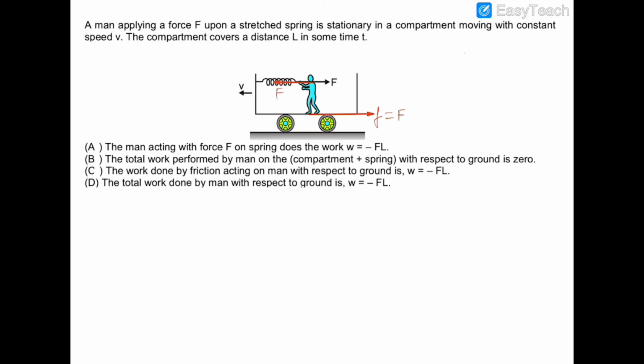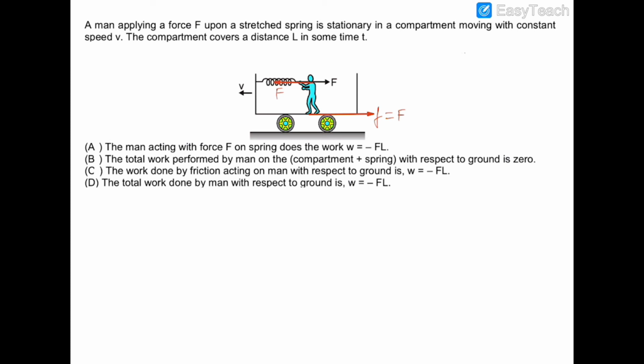Now the man acting with the force F on the spring does work W equal to minus FL. So we need to find out the work done by the man on the spring. This spring along with the cart will move in the left direction by a distance of L, and this man is pulling this spring towards the right-hand side.